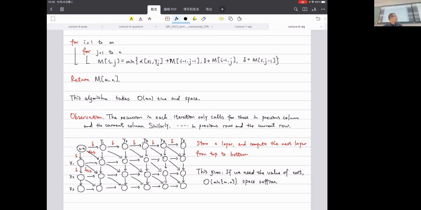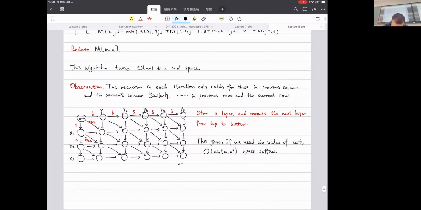When we go to the third column, we only have the values of the second and third columns, etc. If the length of y is n, then at the end we only have the nth column and the n plus 1th column. Or on the other hand, we can have only the nth row and the n plus 1th row. So this is a quick idea showing that the space complexity can be improved to the minimum.